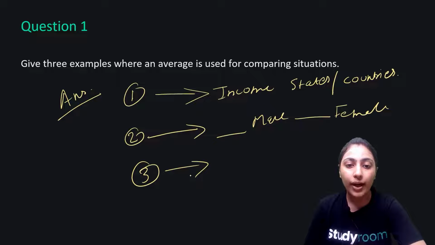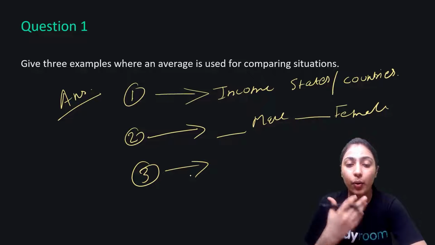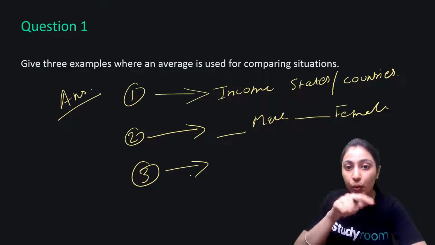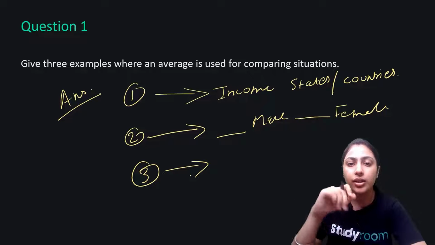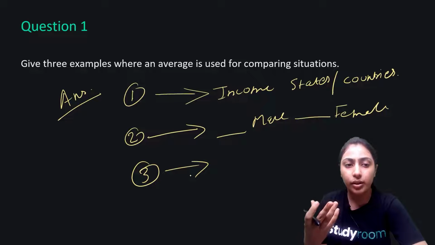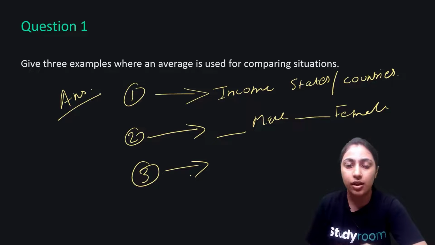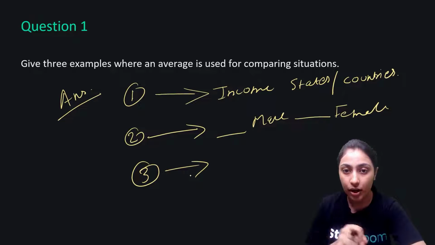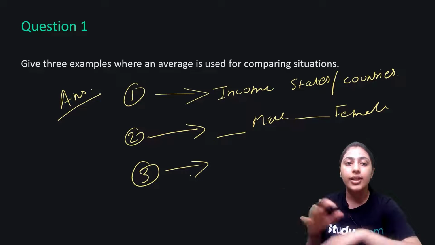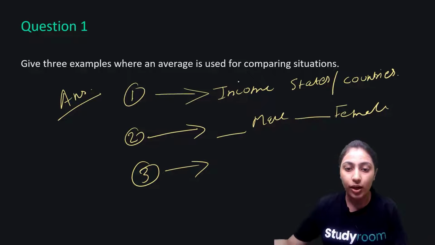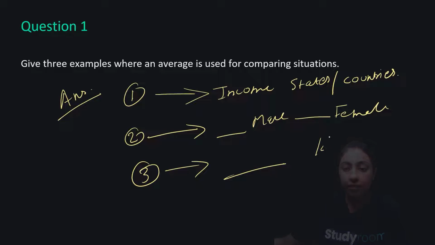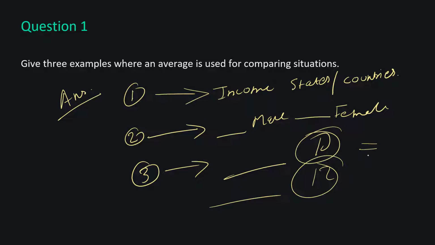It's not possible every time to go and count. You can say that in schools it's possible, but not to a large extent. It's not possible for everyone to go grade by grade and check. So they take an average, okay, this much is in 10th, this much will be in 12th. They don't go grade by grade and check.